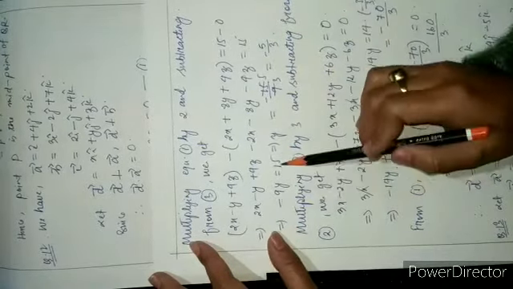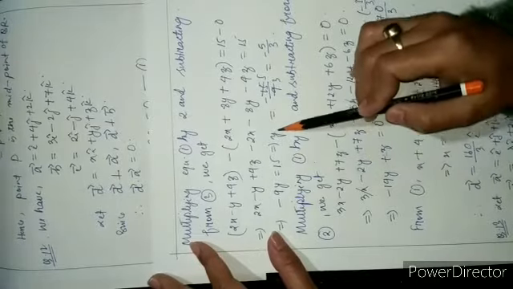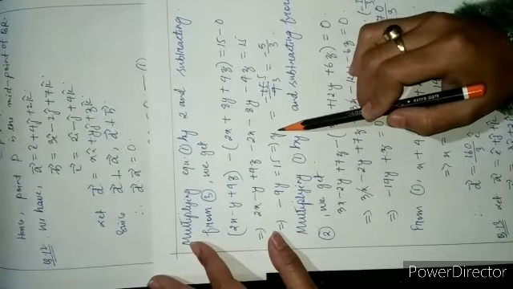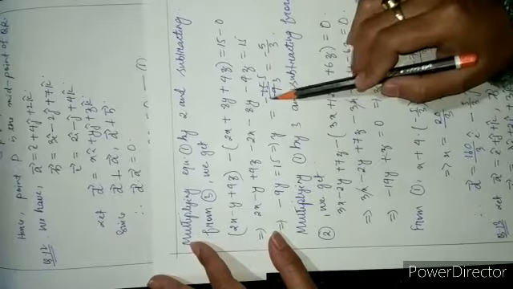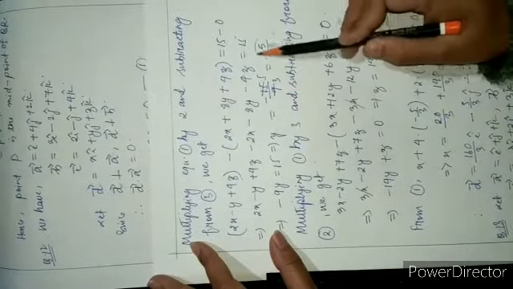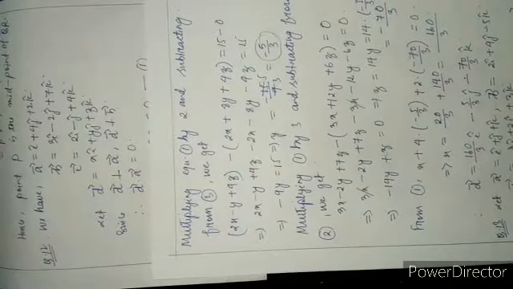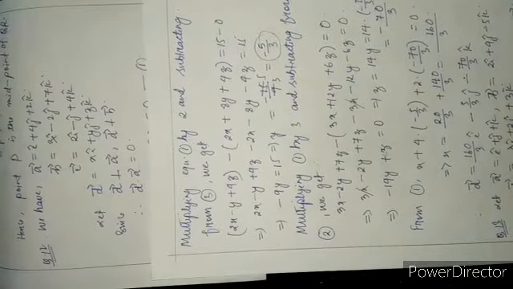We have minus 9y is equal to 15. Then dividing both sides by minus 9, y is equal to minus 15 by 9, which is minus 5 by 3. This is the value of y. By solving equation number 1 and equation number 3 we get the value of y.